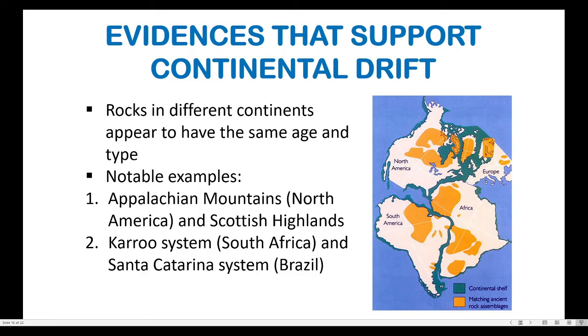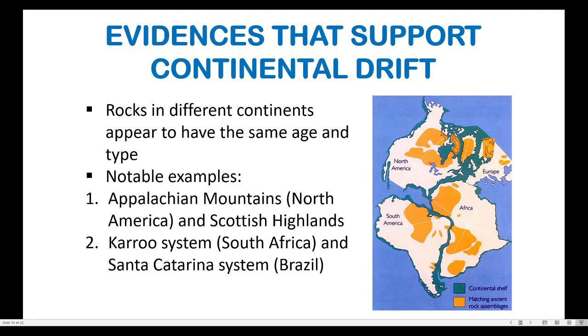For example, we have the Appalachian Mountains and the Scottish Highlands in the North America. Okay, this one. And the Karoo system in South Africa and Santa Catarina system in Brazil. So these rocks, according to studies, have the same age and type. So how does this relate to continental drift?